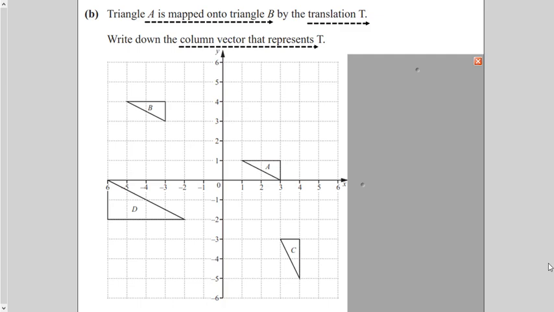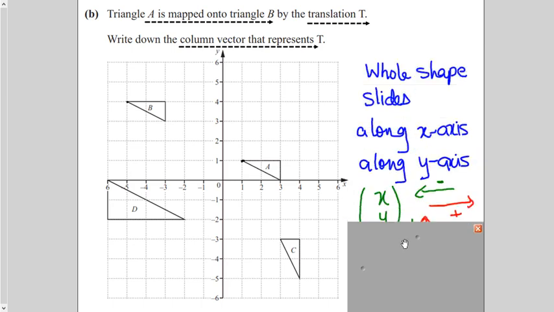To figure out the column vector, you just need to pick one corresponding point. For example, if I pick this one, it corresponds to this. I will see how many units it has gone towards the left. Now this is 5 and this is 1, so it means 6 units towards the left. And then how many units up? 1, 2, 3. 3 units up.